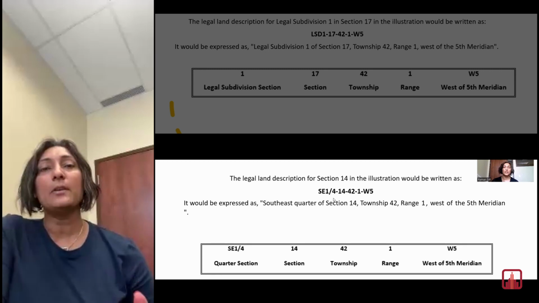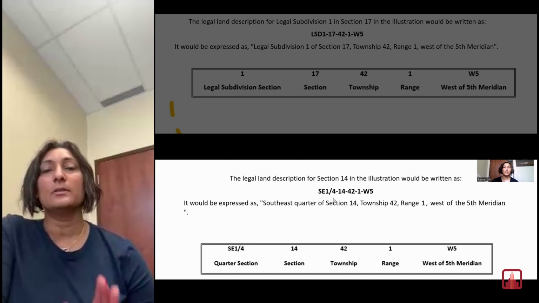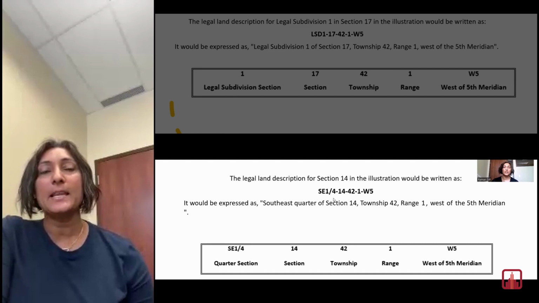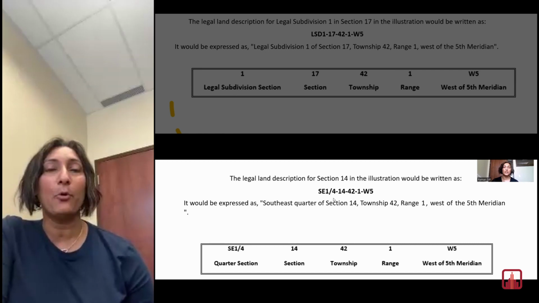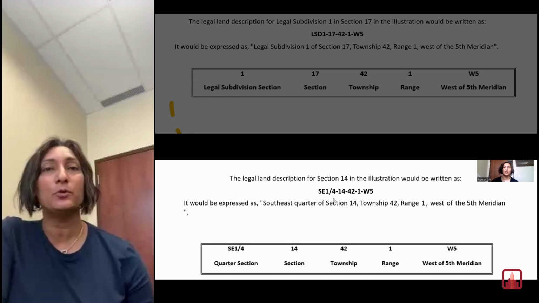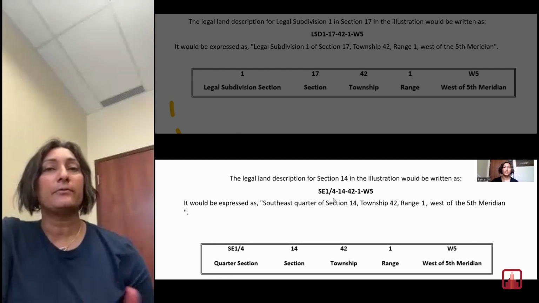So that would be southeast quarter section, northwest quarter section, southwest quarter section, right? So just start from the left and see if there is a 1/4 in there. If there is 1/4, that's your quarter section. And then look at the two letters that are beside it, and based on that, you can figure out what direction it is, right? So that's the first part.